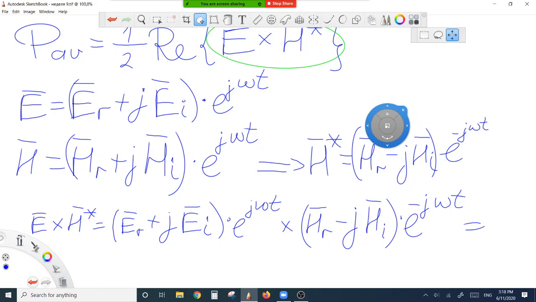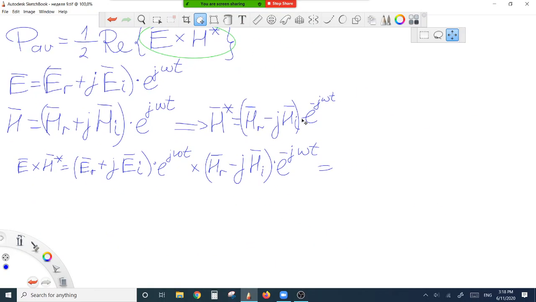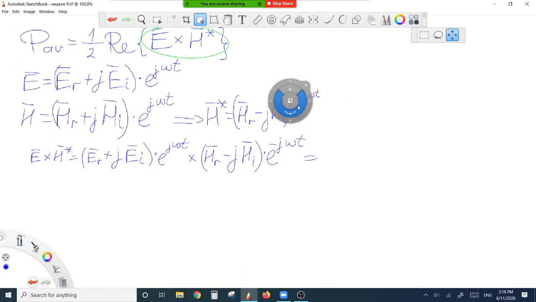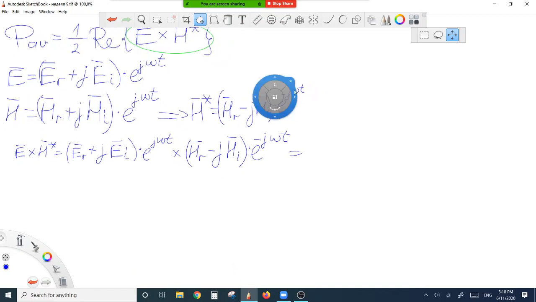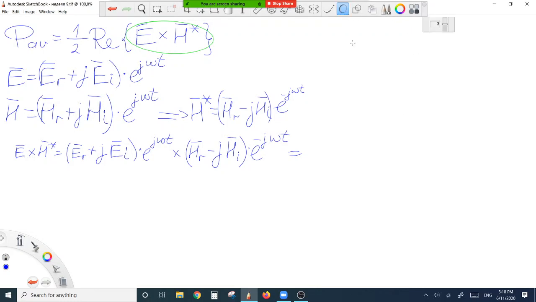So this will be equal to... how do we calculate this expression? e to the power of j omega t multiplied by e to the power of minus j omega t simplify each other.